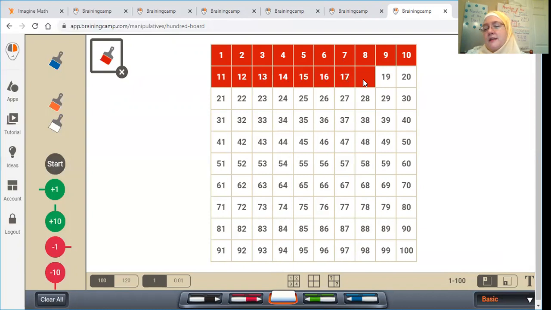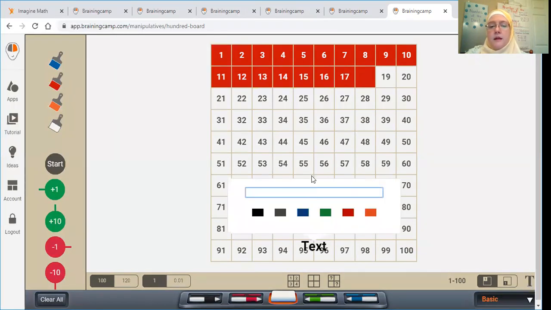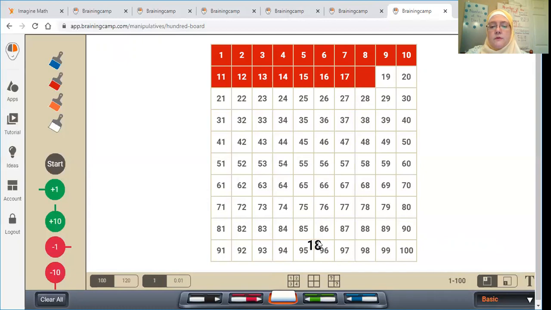What will come after 17? Yeah, 18. Let's go ahead and put that number in there so that we don't lose it. We said 18. Let's move this over here. 18.